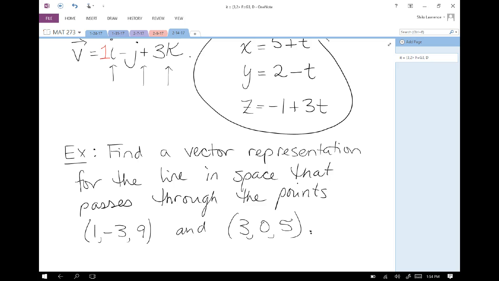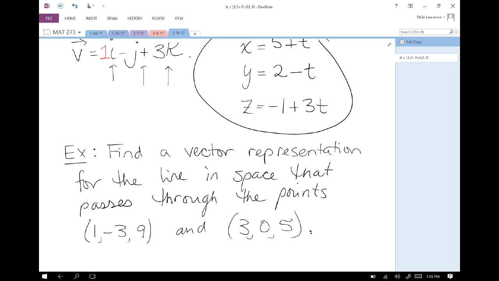So we need a vector. They did not give us a vector. They gave us 2 points on the line.